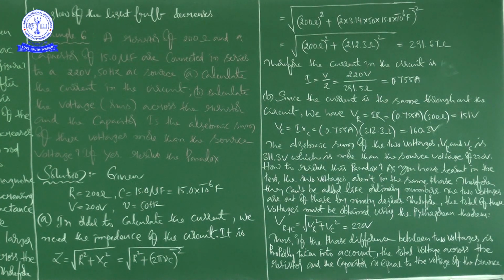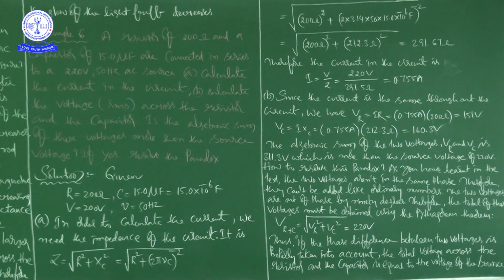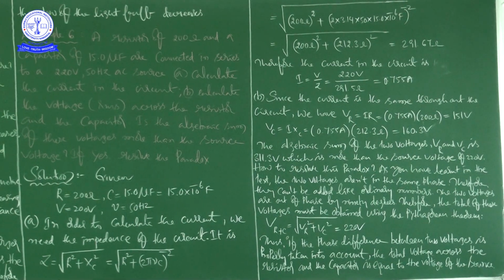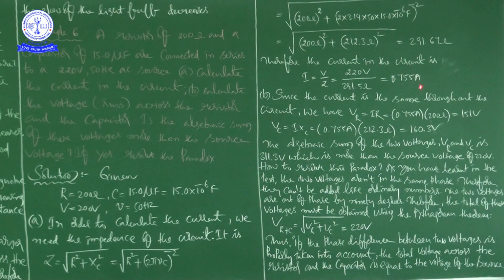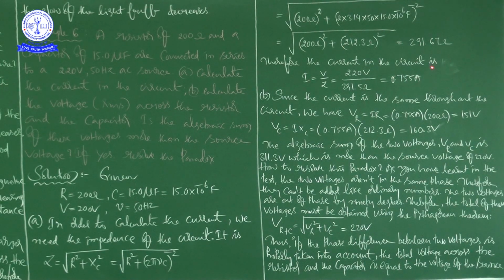It is like square root of A square plus B square. Anyhow, if you do this mathematically, the final value, the impedance of the circuit, you are getting as 291.67 ohms. This is the impedance of the circuit.